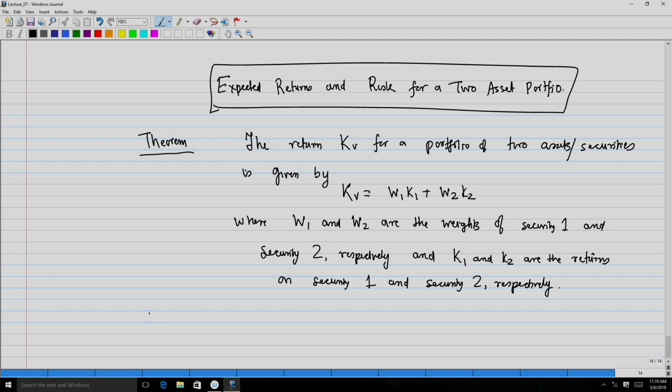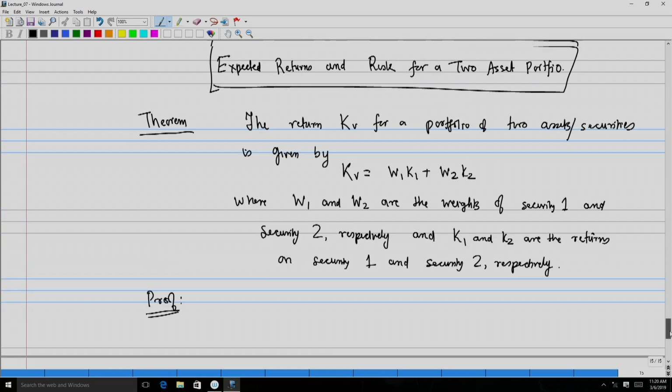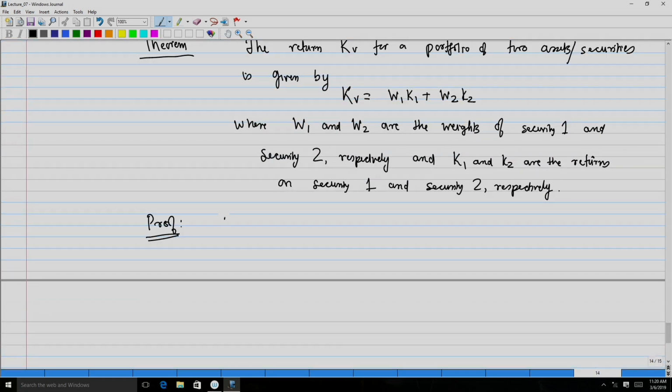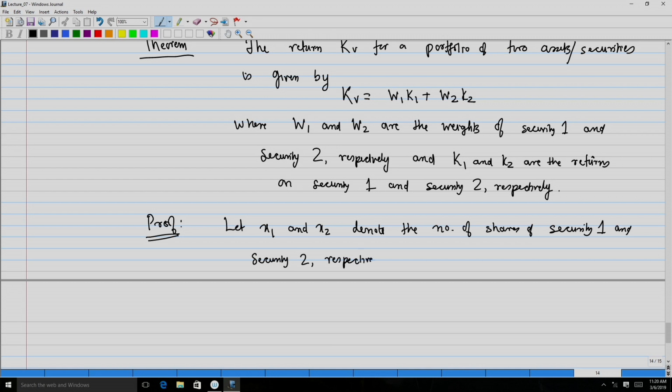So, the proof of this is fairly straightforward and can be done by just making use of the definition of weights. So, let x1 and x2 as before denote the number of shares of stock or security 1 and security 2 respectively.